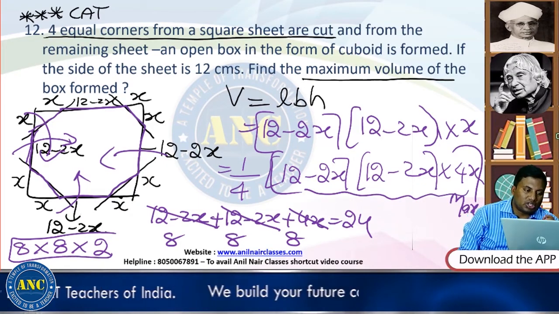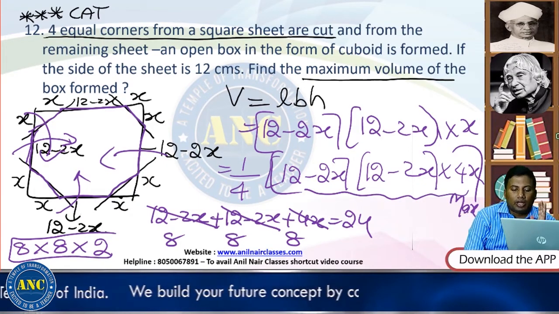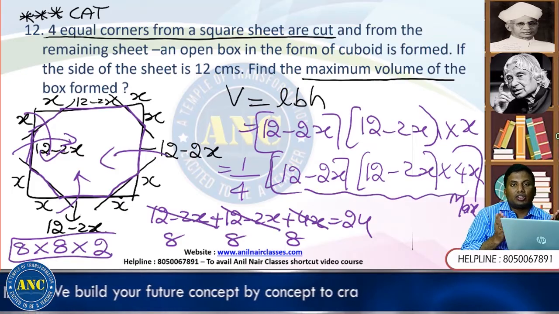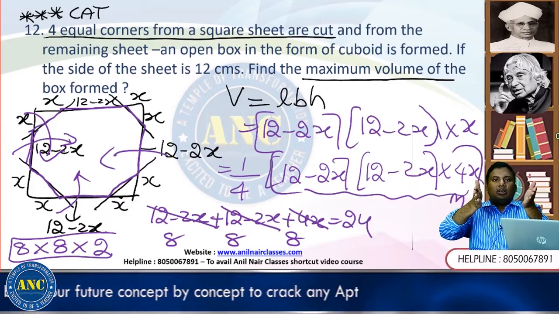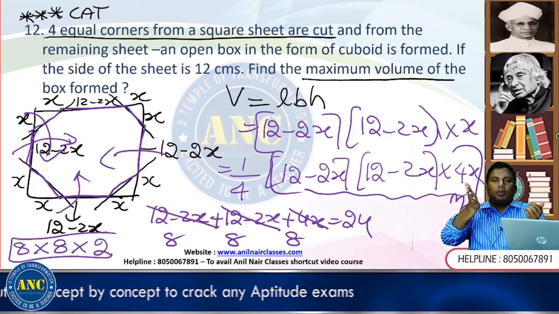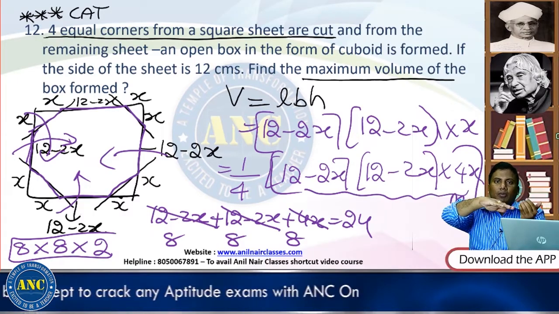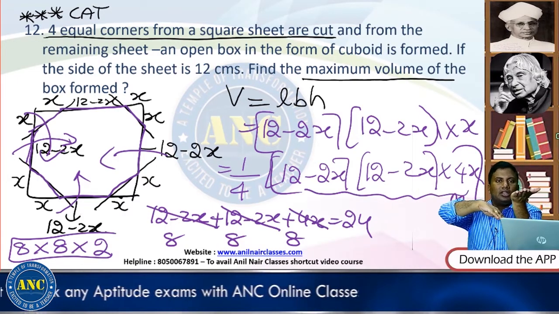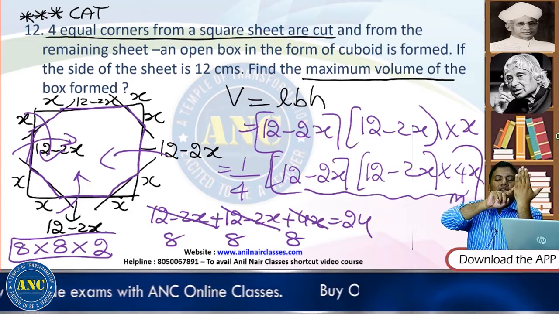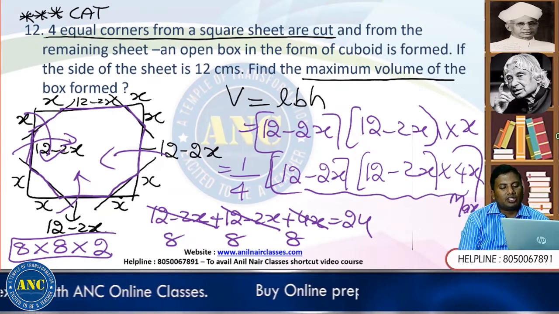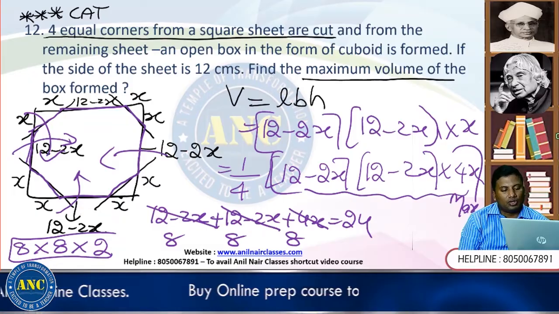I am sure just by looking at the question, you can tell the length as 12 minus 2x. The box is like this: length 12 minus 2x, breadth 12 minus 2x, and the top x is becoming the height. 12 minus 2x into 12 minus 2x into x.